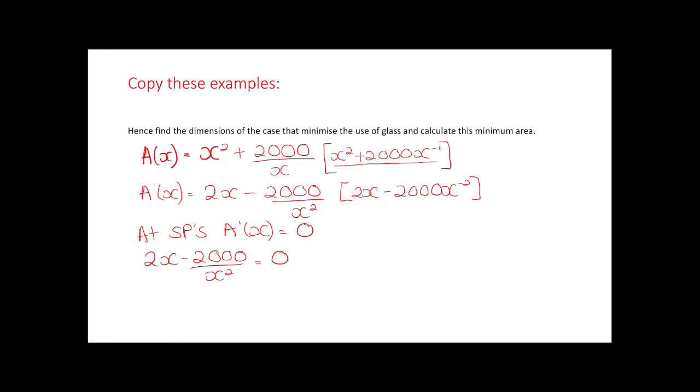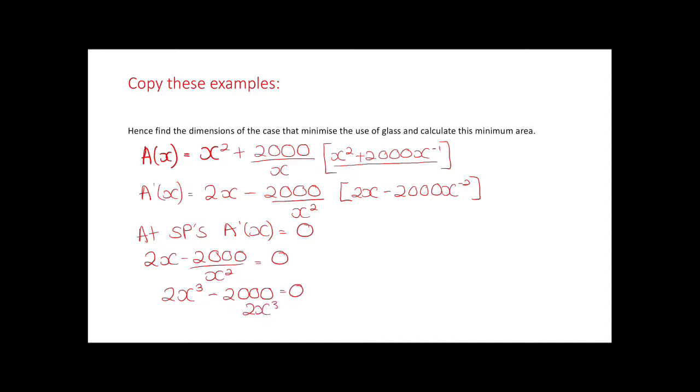Now, that x in the denominator is back to causing us problems, but this time, rather than moving it up and it becoming a negative power, we are going to multiply everything through by x squared. And that's going to give us something slightly nicer to work with. So we've got 2x cubed, if I multiply that by x squared, minus 2000 equals 0.